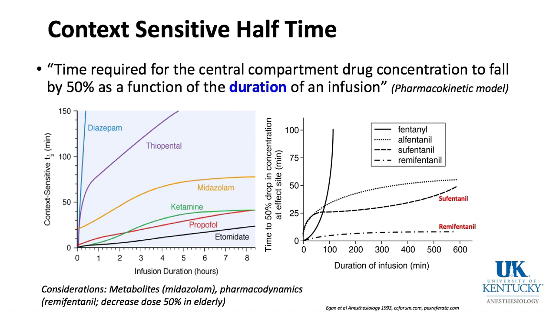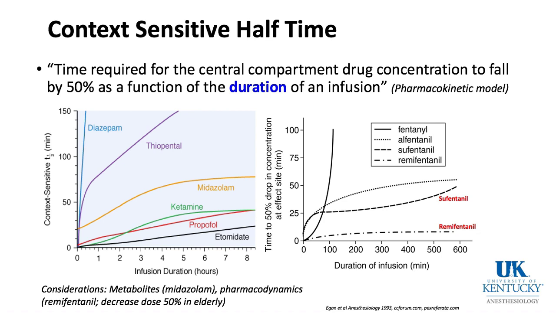So remifentanil, even in long duration infusions, doesn't change its context-sensitive half-time much. However, don't forget that in elderly patients, remifentanil dose, the amount that you give, should be decreased like other opioids by about 50%. Sufentanil, very favorable characteristics also for infusions, but look at fentanyl, not very favorable characteristics for infusion.